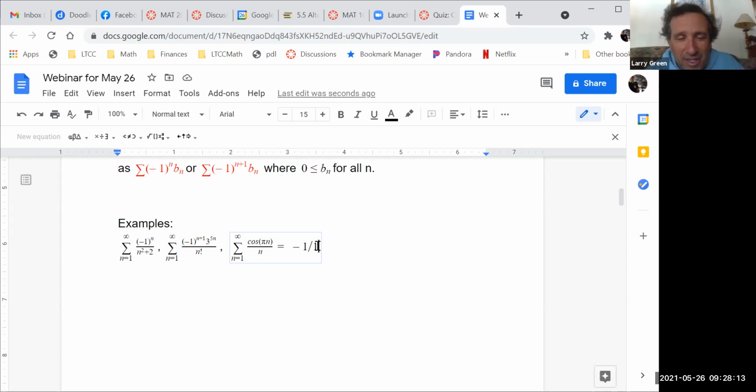Cosine of pi times 2 is 1. So we get plus 1 over 2. Cosine of pi times 3? That's -1. So we get minus 1 over 3. Cosine of pi times 4 is positive 1. We get plus 1 over 4. Do you see the pattern here? Is this an alternating series?